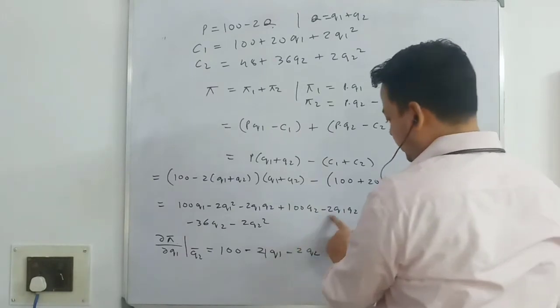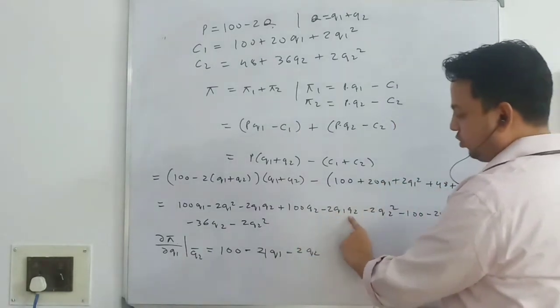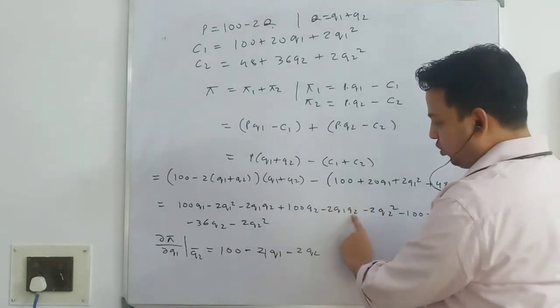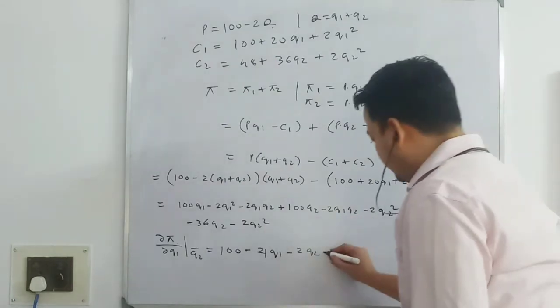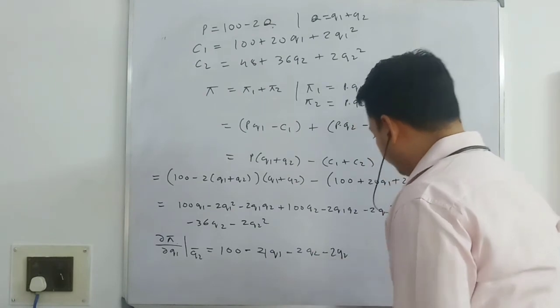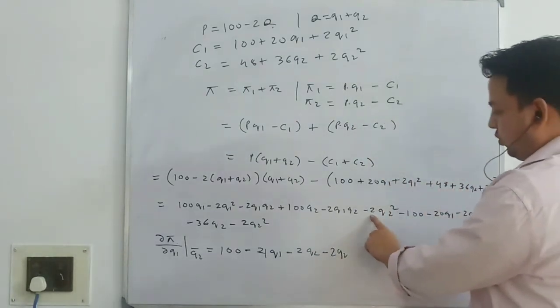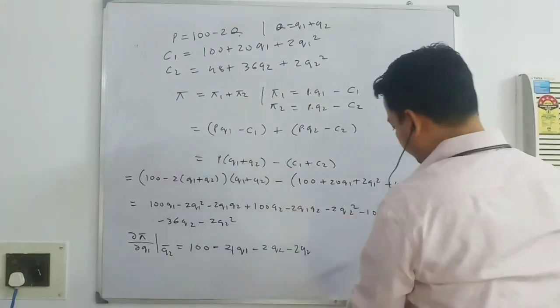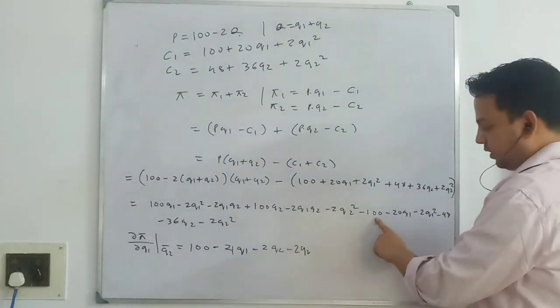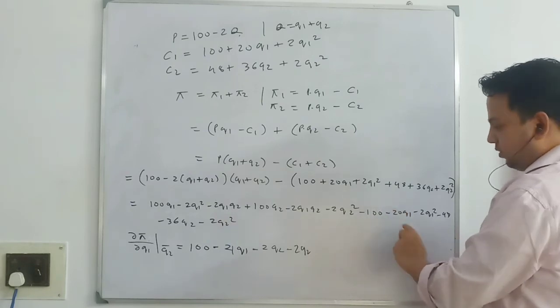Now coming to this term, minus 2 q1 q2. q2 is constant, 2 is constant, then q1 over q1 is 1, so you will be writing minus 2 q2. Now look at this one: 2 is constant, q2 square is constant, so 0. 100 is constant, it will be 0. Derivative with respect to q1 is 0.